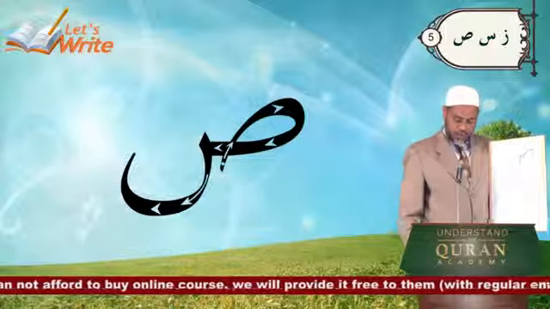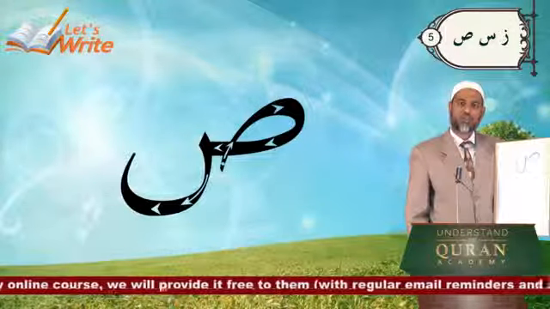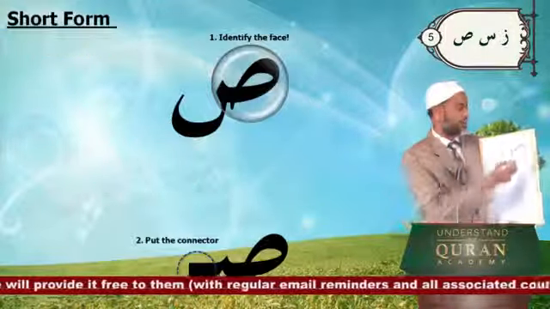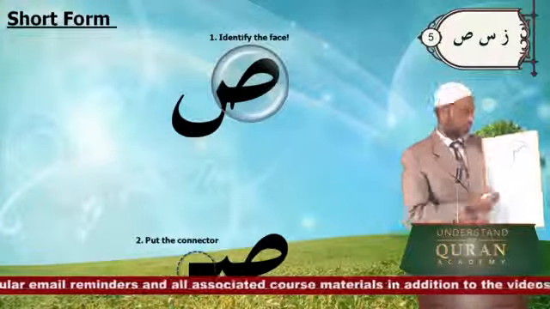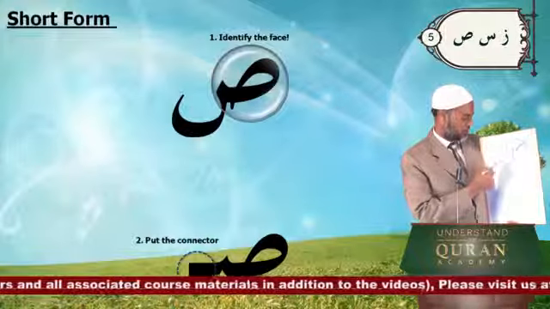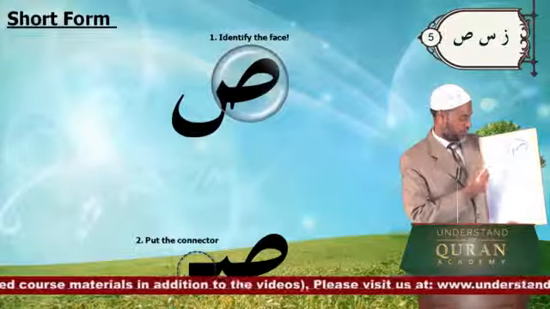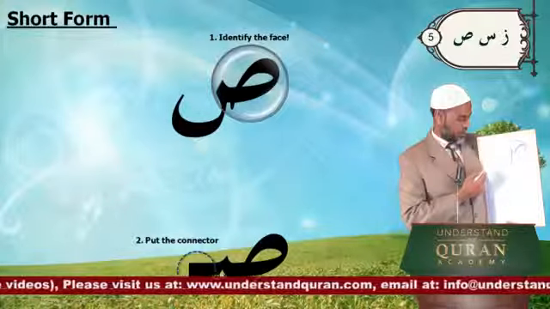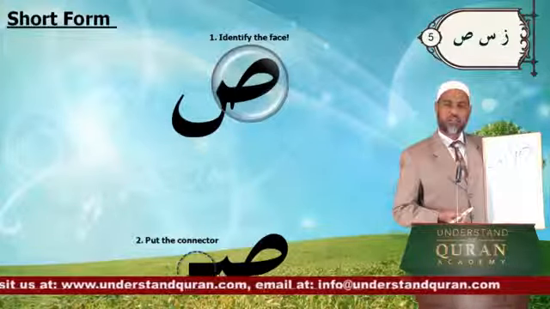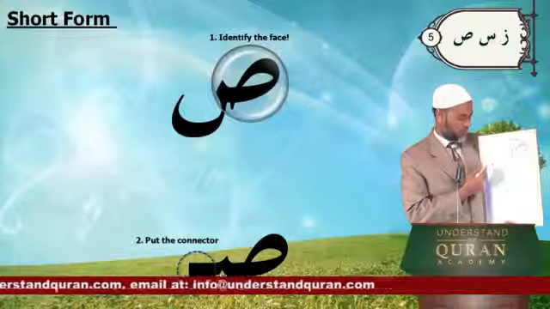Okay? And what about its short form? Two steps. Identify the face. The face is very clear here. So get that face, with the tooth there, and then continue. That is Sad. Always the tooth is there. Don't forget the tooth.